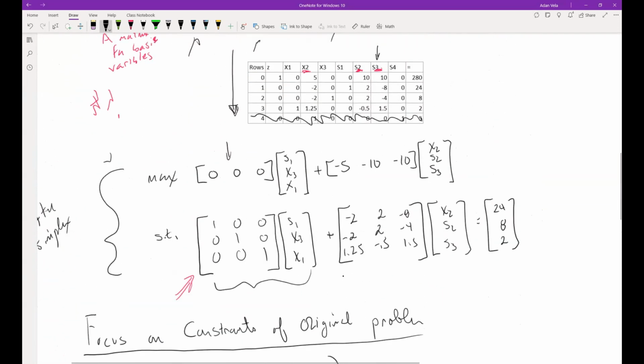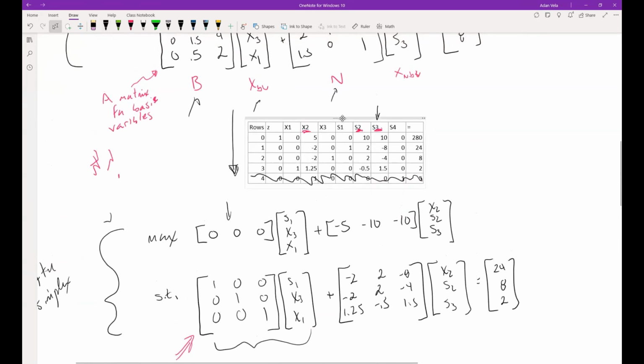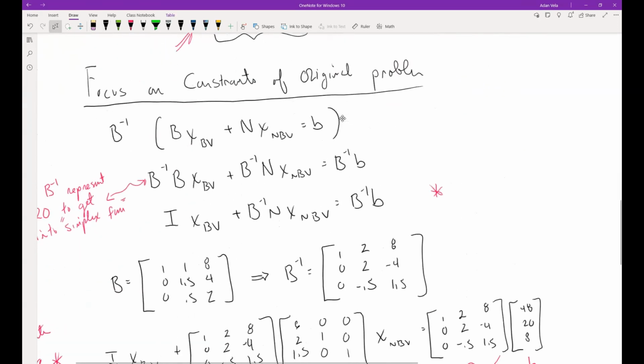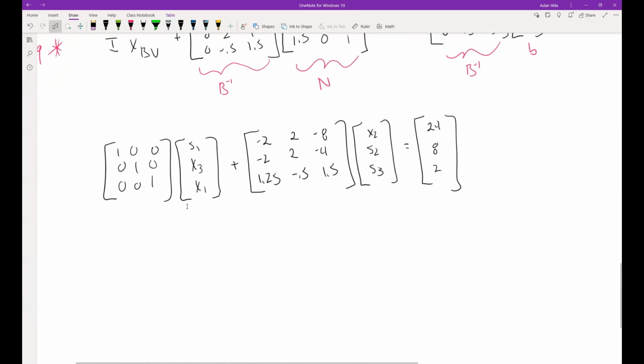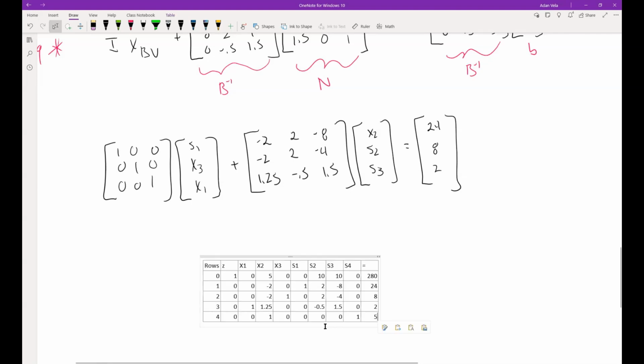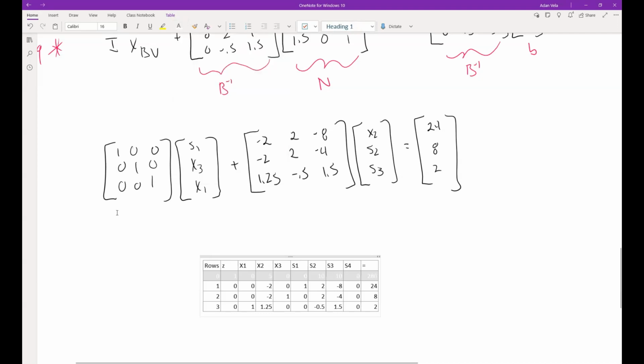As a refresher, that was basically what we got here. So again, if we know the basic variables, we can actually reconstruct our simplex table pretty quickly. I don't remember what this last row is for, so I'm going to delete it. We haven't really dealt with this column, so I'm going to white it out. So we see the diagonal matrix.